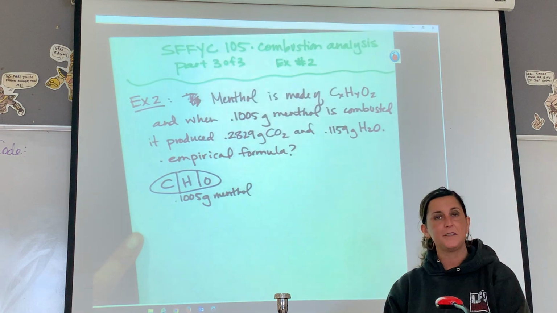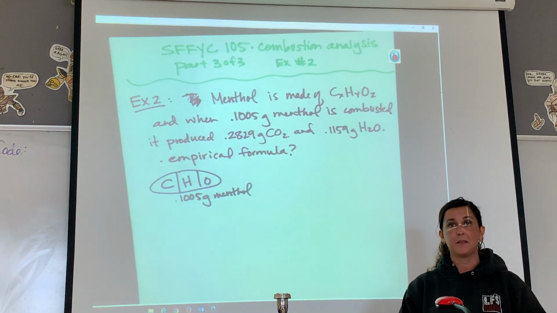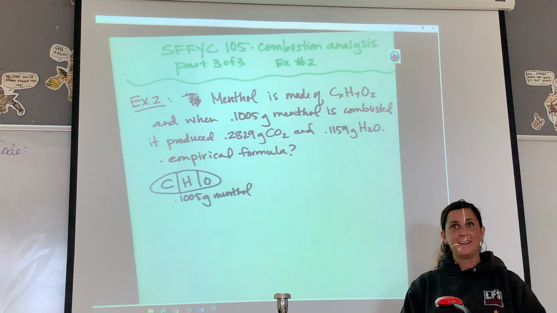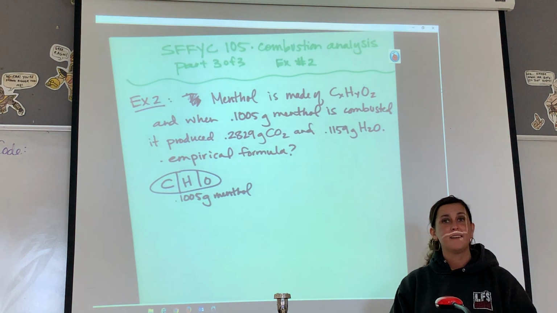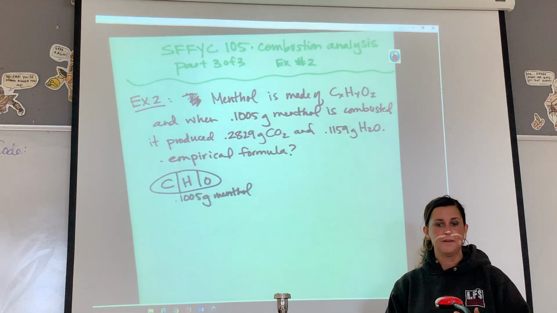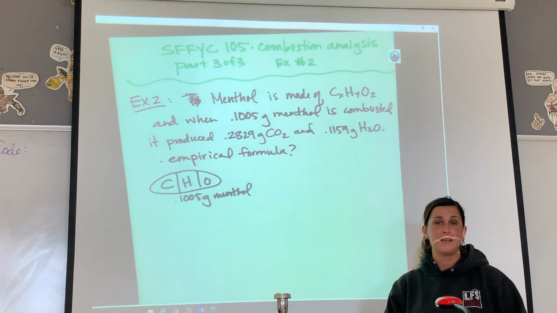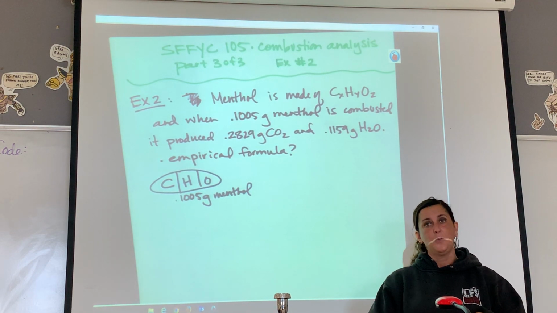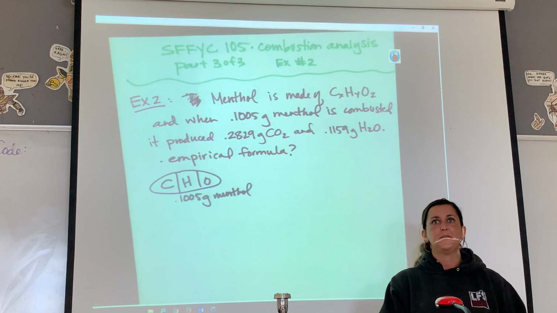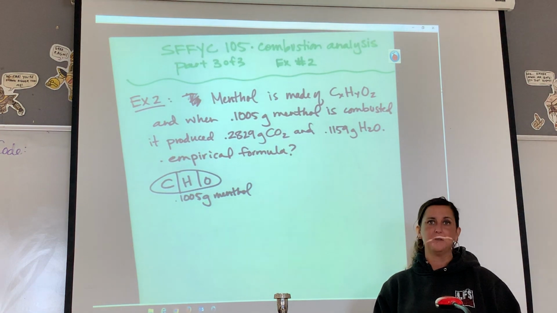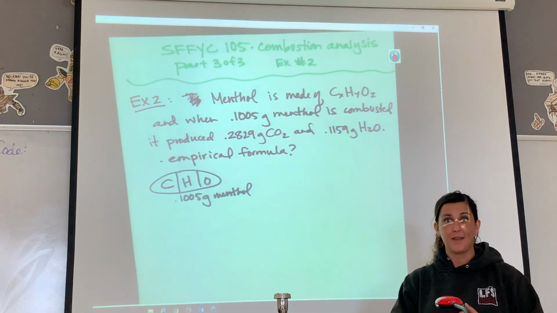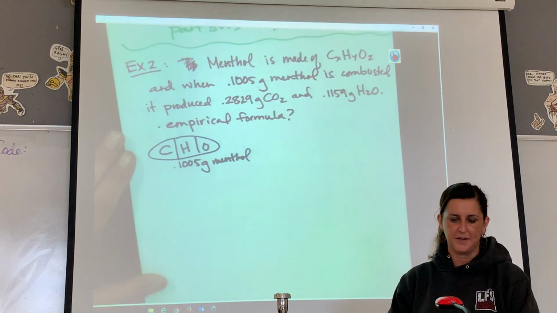So what we're going to be able to do is calculate the number of grams of carbon and then the number of grams of hydrogen present from the carbon dioxide and water, and then we'll go back and subtract to find the grams of oxygen present in the original sample. Then we will convert to moles and divide by the smallest moles and find our subscripts. Okay, so that's kind of a big picture of what we're going to do here.